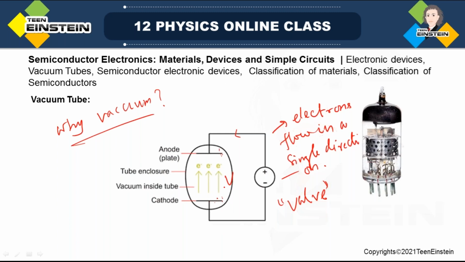That's why you need very high power or voltage to operate the cathode and maintain the potential difference between the plates. Because of this high voltage, there will be a lot of loss.